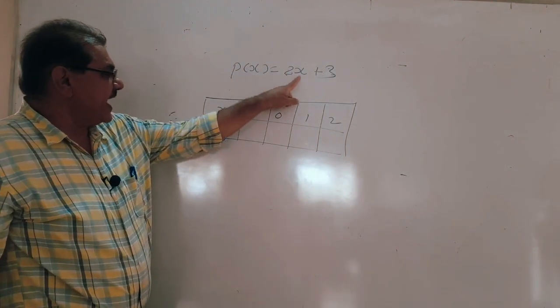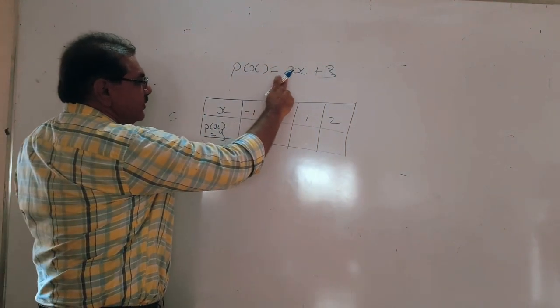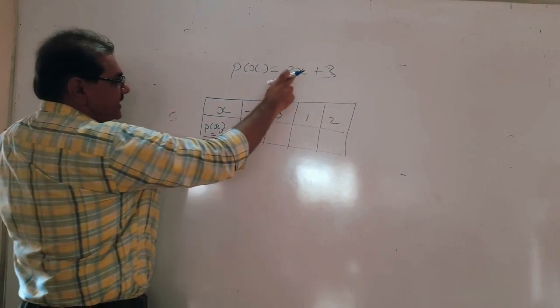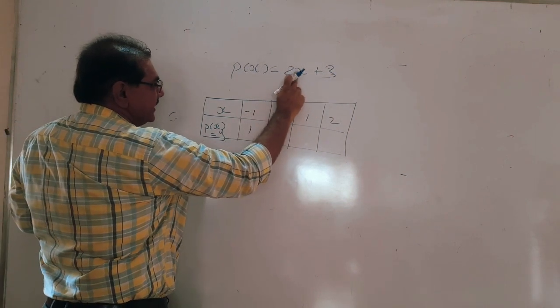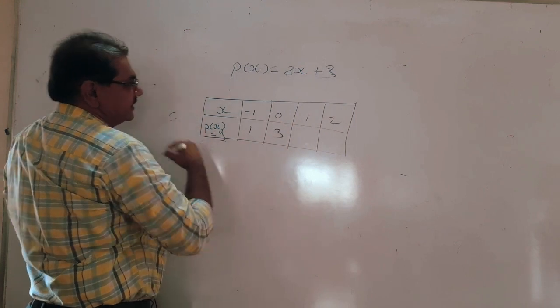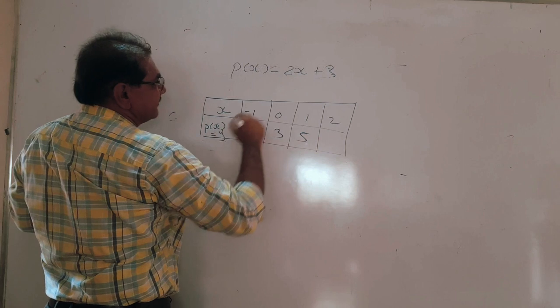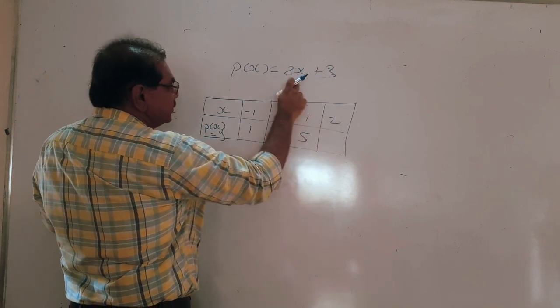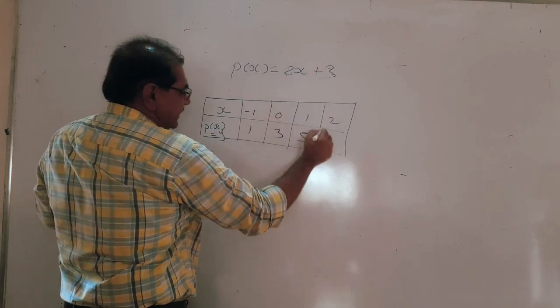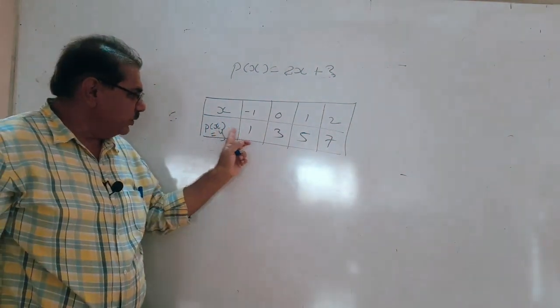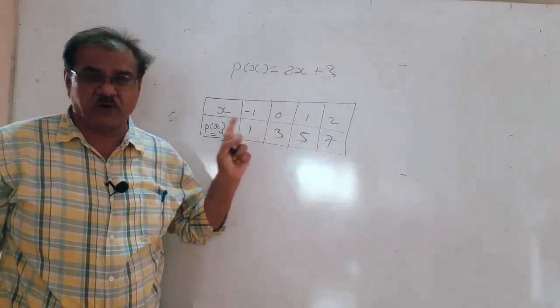If x is minus 1, then 2 into minus 1 is minus 2, plus 3, answer is 1. X is 0, 2 zeros are 0, plus 3, answer is 3. If x is 1, 2 ones are 2, plus 3, answer is 5. And here x is equal to 2, 2 twos are 4, plus 3 is 7. These are the solutions. But you can check here, no number is a zero for the polynomial.